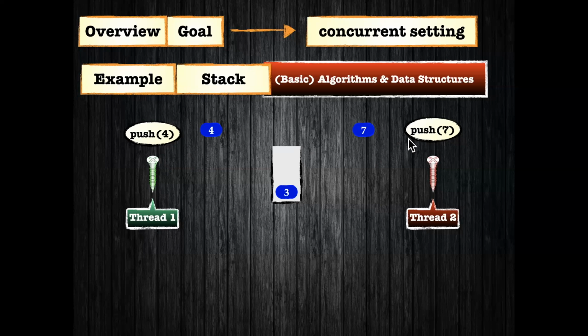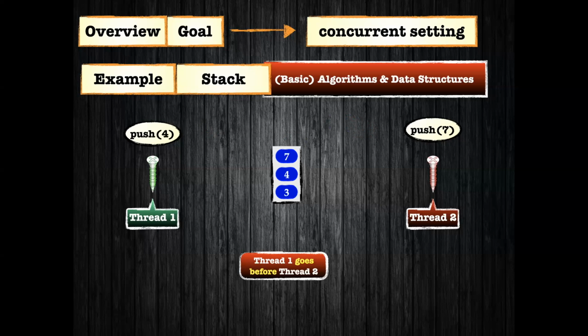So the question is, which one will take effect first? In this particular example, maybe the 4 goes first and then the 7. And in such a case, we say that thread 1 goes before thread 2. First of all, there is something to be defined later, which is what it means to go first, to take effect.